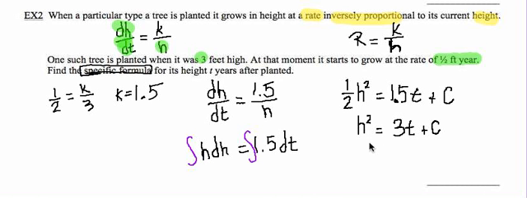At this point, I'm going to stop. I'm not going to take the square root of both sides, because what I need to do is find c, and to find c I'm going to put in a value for t and h that I know. The value I know is that the tree was 3 feet high when it was planted, and when it is planted is called time 0.